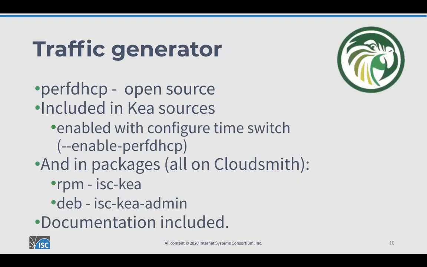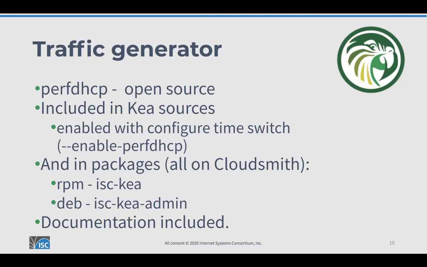To mimic clients during our testing, we used our own traffic generator, perfdhcp. It's also open source and it's included in Kea sources. To build it from tarball, you would have to use another configure time option, and it's also included in packages that we are uploading to Cloudsmith.